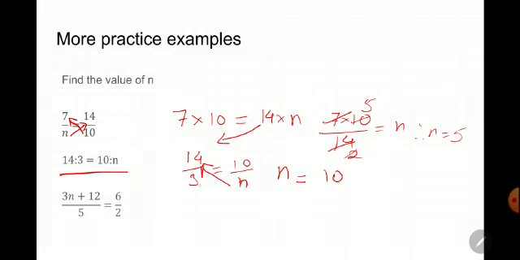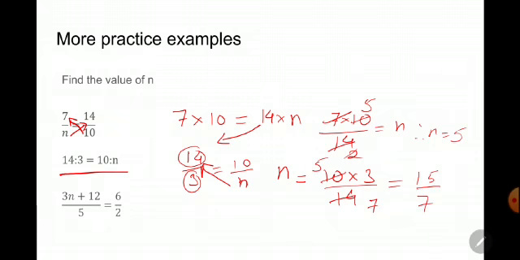Now 3, which is the denominator here, will become a numerator, so 3, and 14, which is the numerator here, will become a denominator, that is 14, and then we simplify it further, giving us 15 by 7.